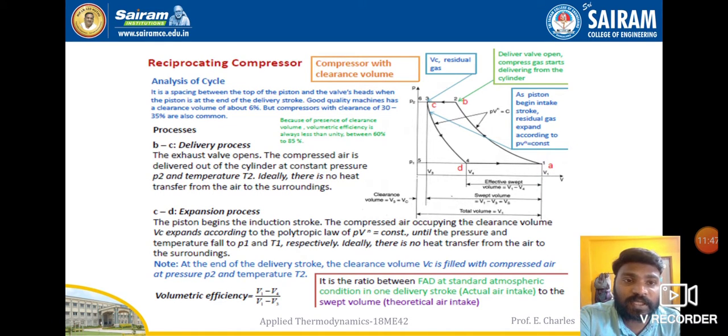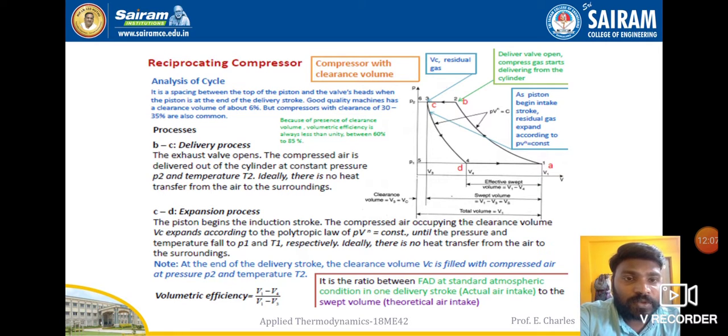That is how the internal combustion engine works. Whereas in the case of compressors, same as the IC engine, the clearance volume will be filled with compressed air, but here no combustion takes place. Whatever compressed air is obtained will be taken out for various usage.